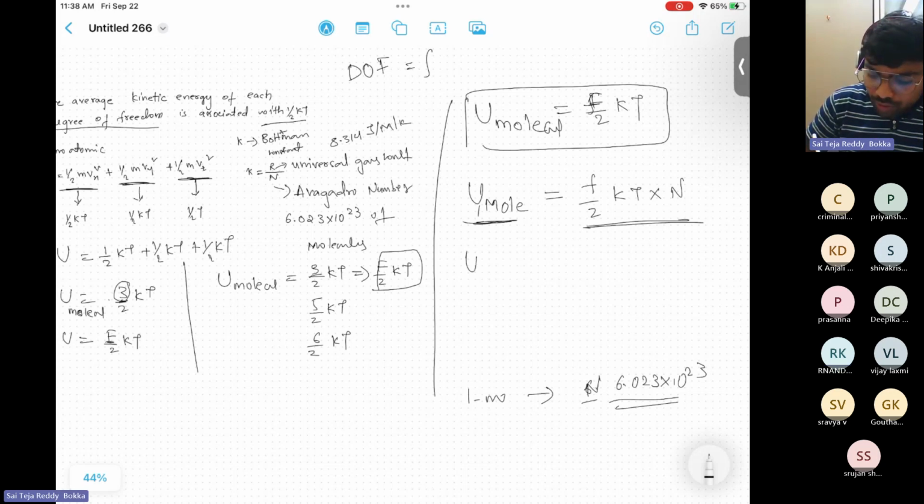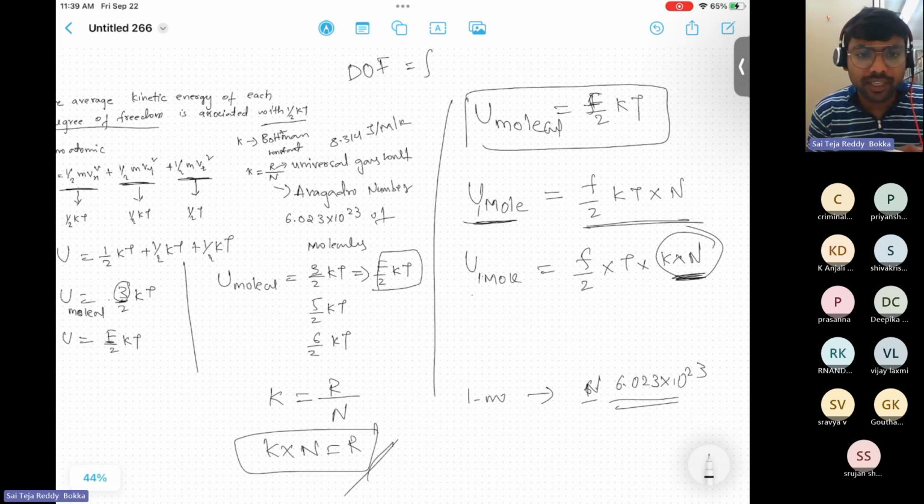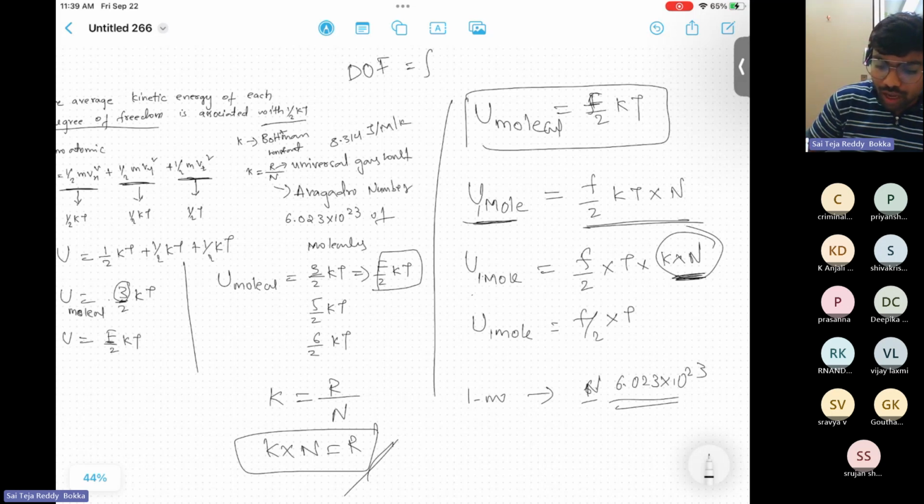So U of 1 mole, as I'm calculating for 1 mole, is equal to F by 2 into T into K into N. K into N can be written in terms of R, since K is equal to R by N. K into N is all about R. Could we replace it with R? Yes. So U of 1 mole is equal to F by 2 into T into R.